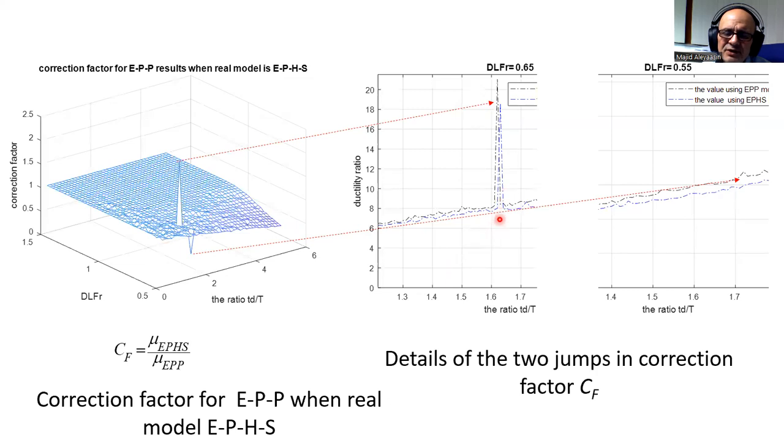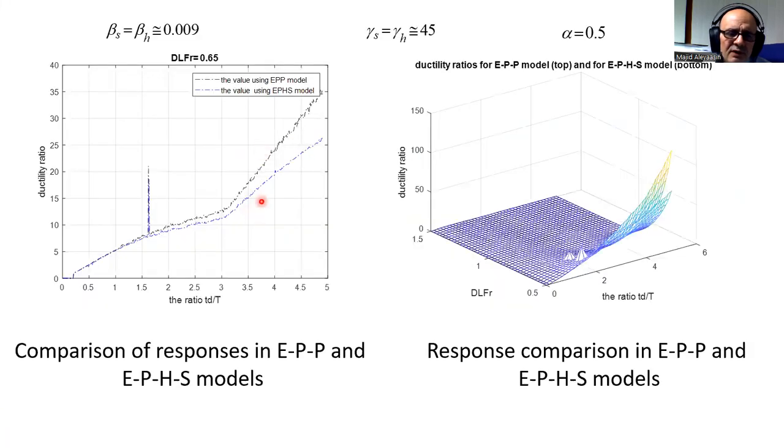There is a very small drift and it makes this unusual conclusion here about the correction factor. But anyway, the main conclusion is this one: that here I always see conservativeness. Always this is below this.